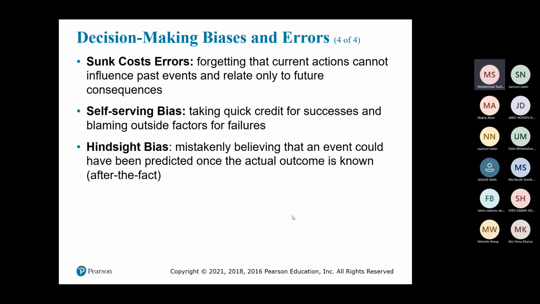So for hindsight bias, it means that you claim that you can predict the future accurately. It means that when you make the decision, you say, I predict 100% that this will happen.